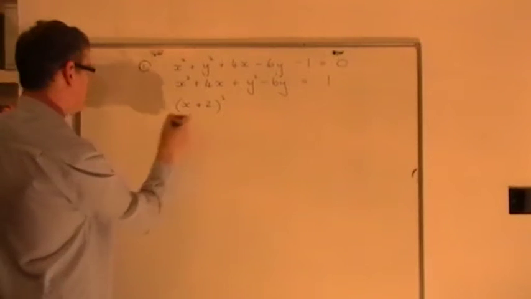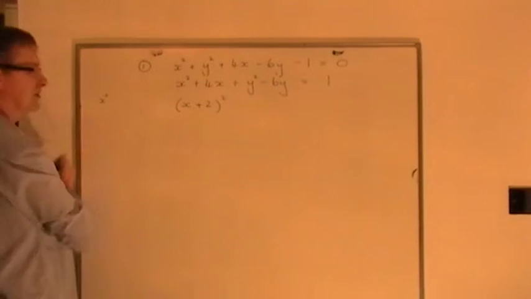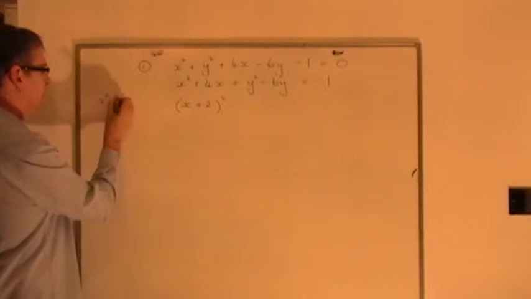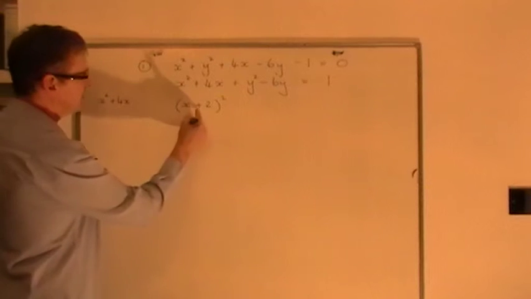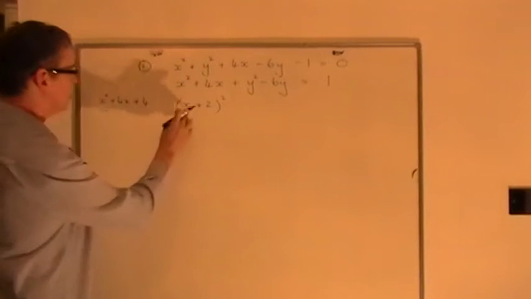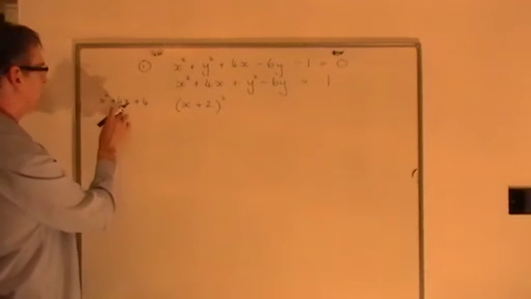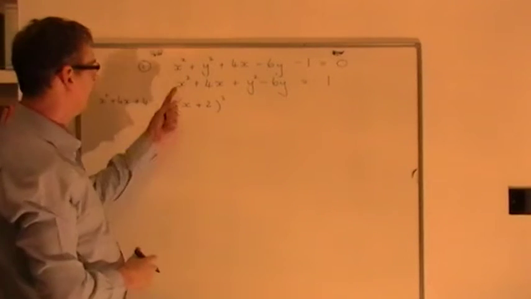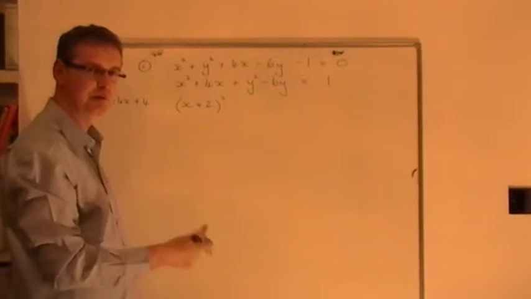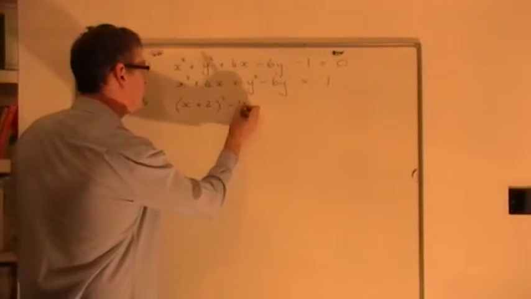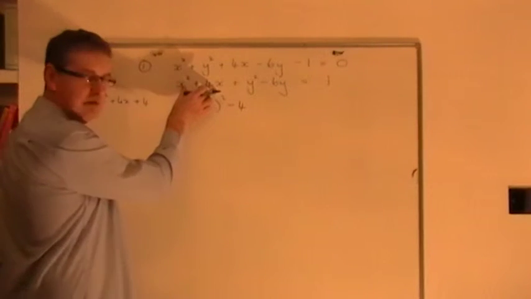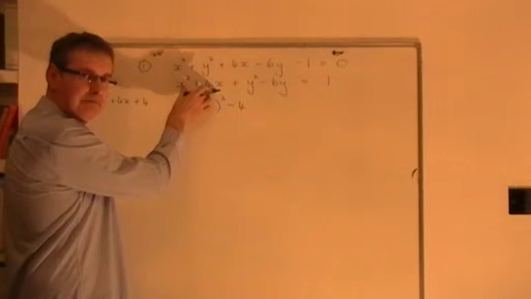Because if I expand that out at the side, square the first, you get x squared, multiply the two together, you get 2x, and double it, you get plus 4x. And then you square the second term, you get plus 4. So you can see this thing as it stands is x squared plus 4x plus 4. Well, I only want it to be x squared plus 4x, so it's plus 4 too much. So I'm going to subtract 4. Now that expression is identical to those two terms there.